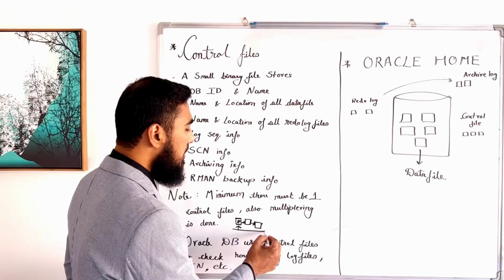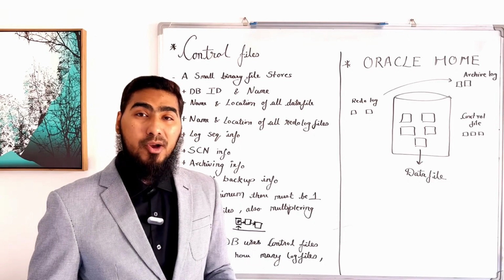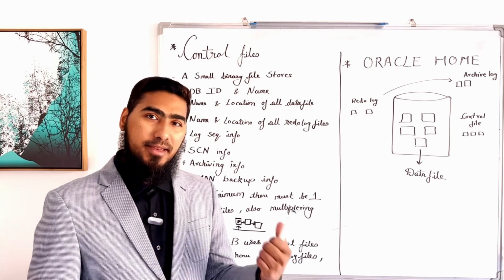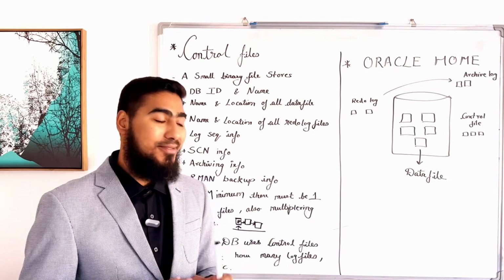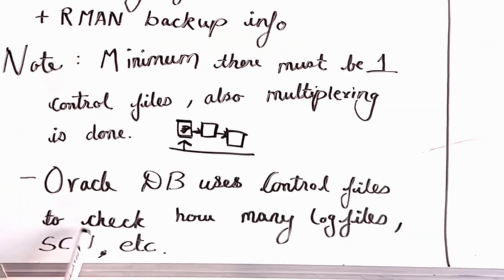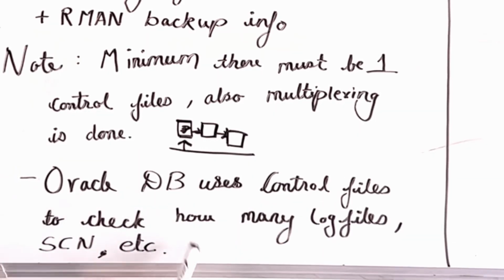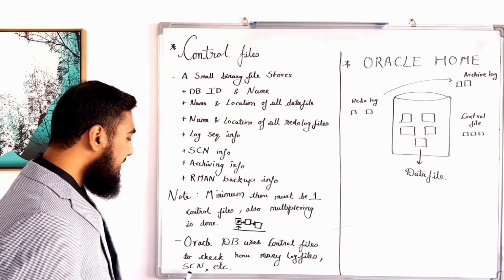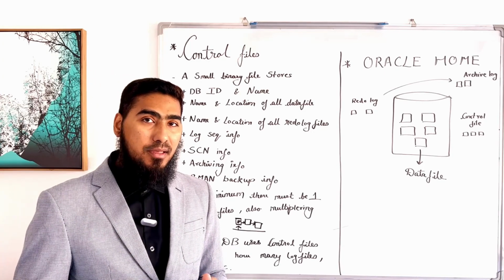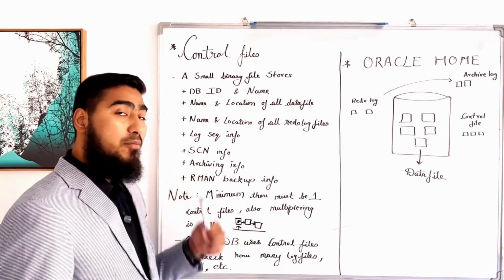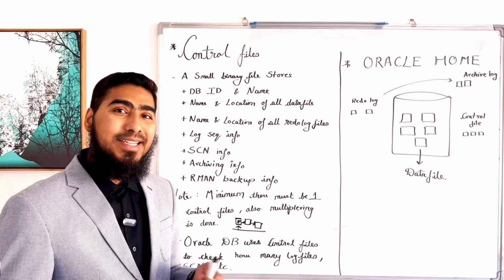Multiplexing is possible because control files play a very important role in the database, so you don't want to lose them. The Oracle database uses the control file to check how many log files, data files and their locations, your SCN number information, all those details.